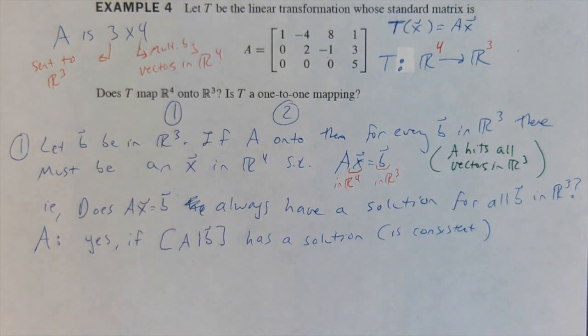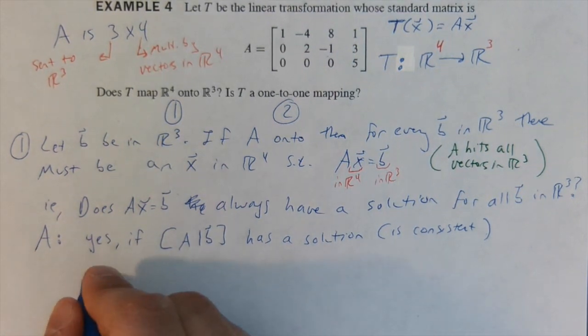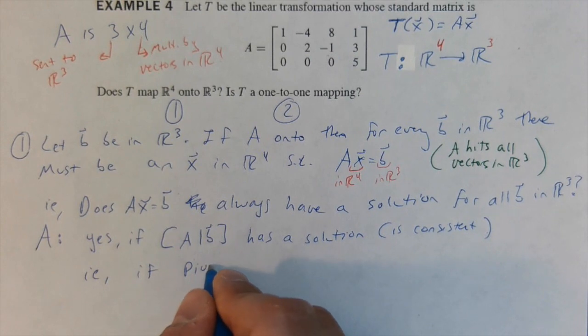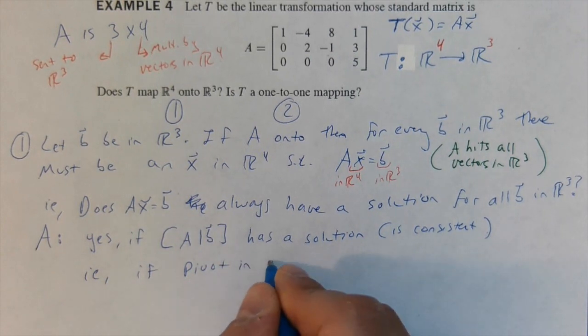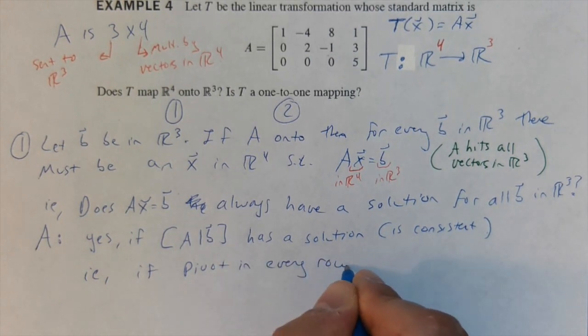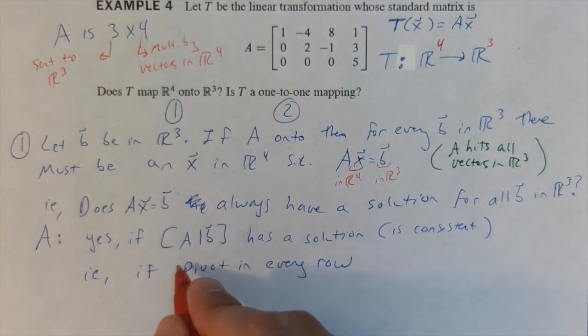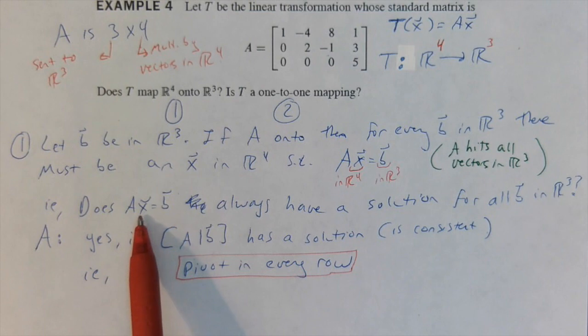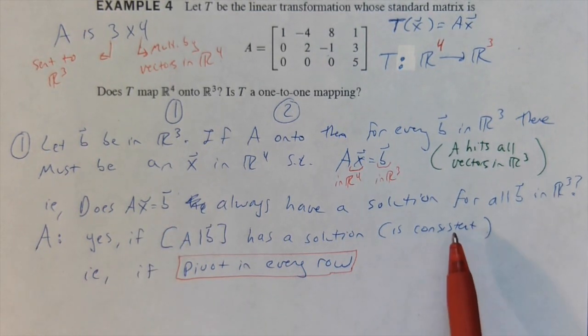We know a matrix is always consistent if it has a pivot in every row. That's what we're looking for on onto. We want there to be a solution to every single Ax = b, and there's always going to be a solution, i.e. always consistent, if there's a pivot in every row.